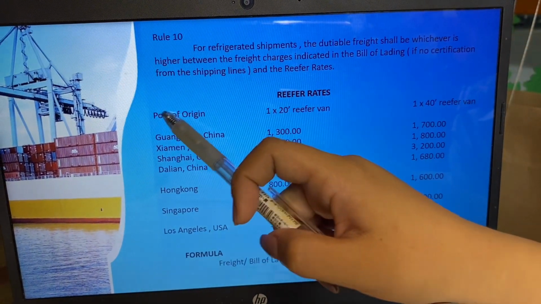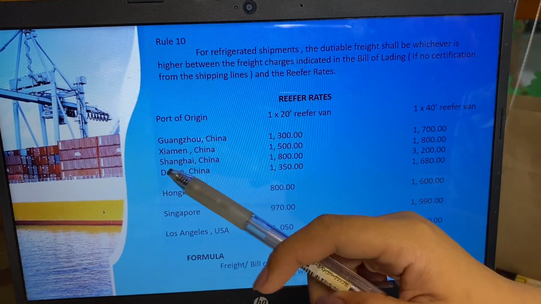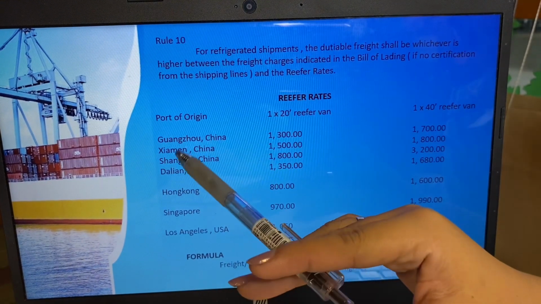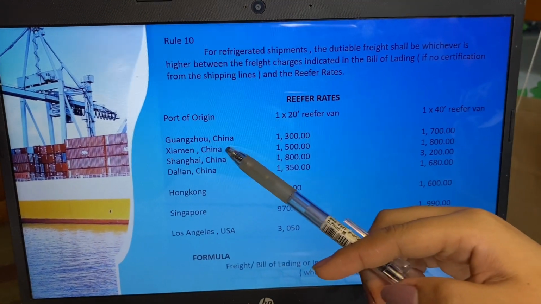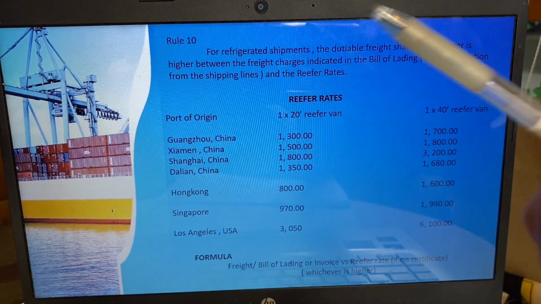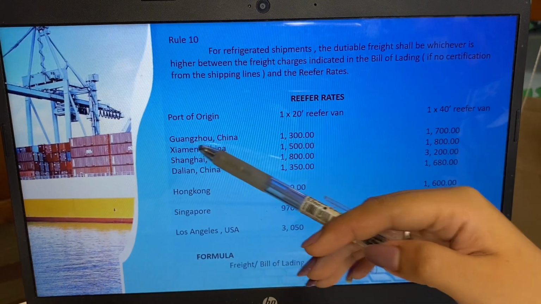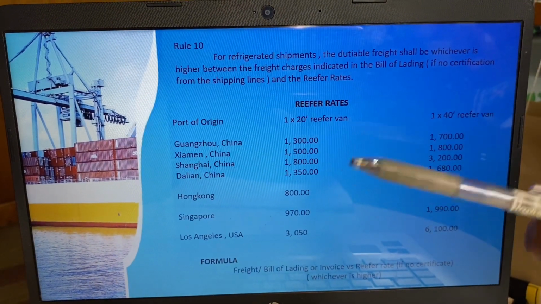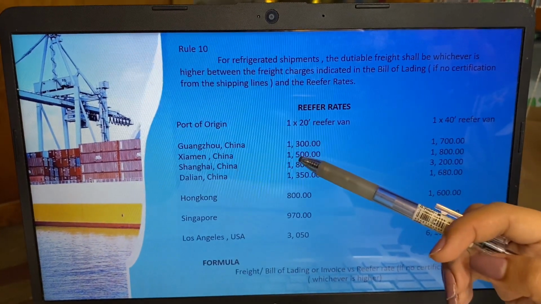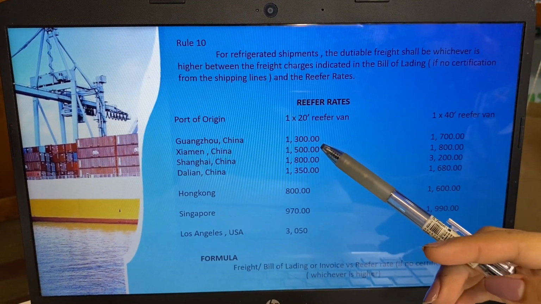If the port of origin is Guangzhou, China, and you use a 20-footer container van, then your reefer rate would be 1,300.